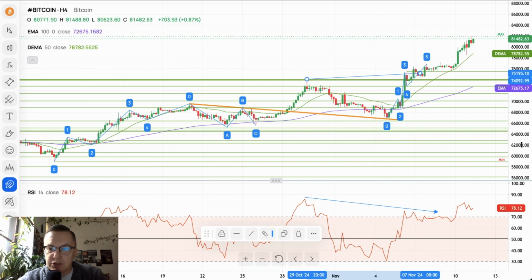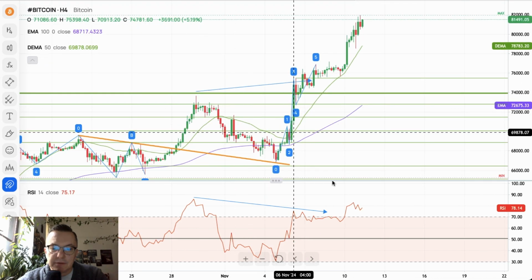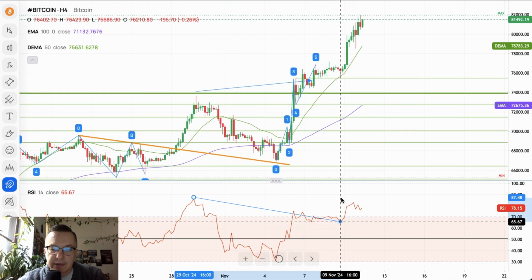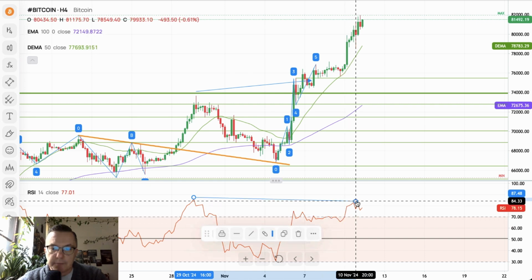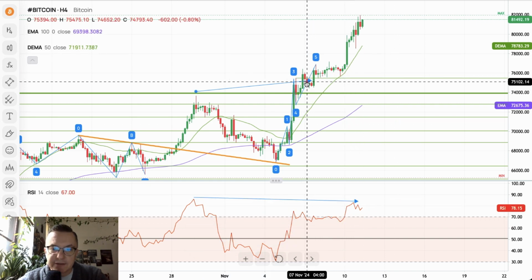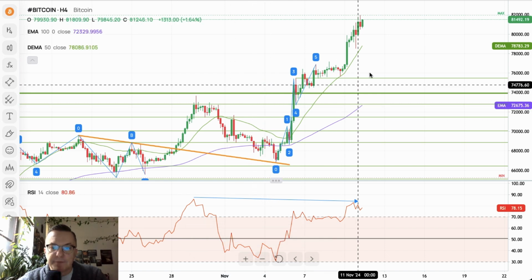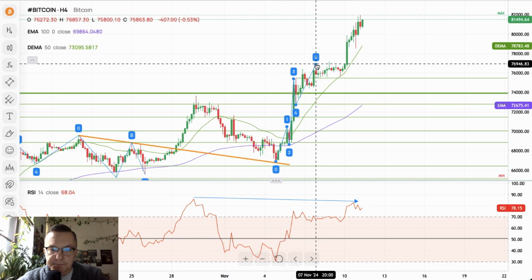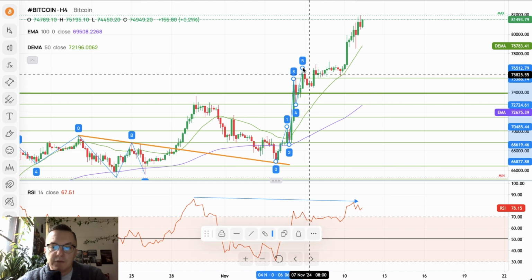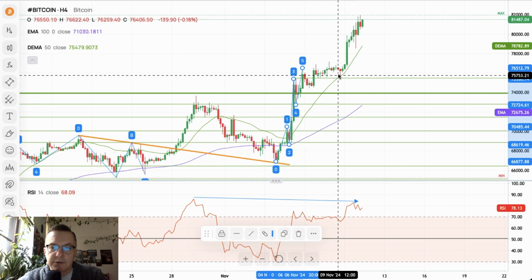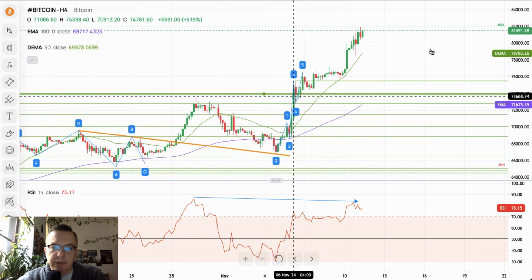Now on my 4-hour chart, we run out of the current situation with the Elliott wave, because the corrections are so swift and so short that we need to relabel our count. It looks like this is the top for wave 5. Very short correction, 1 2 3 4 5, another 5 wave extension to the upside.